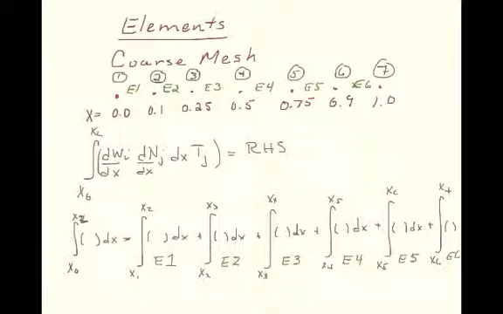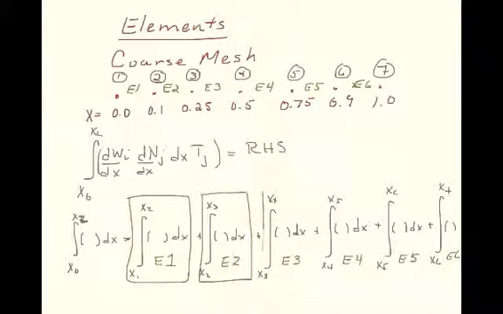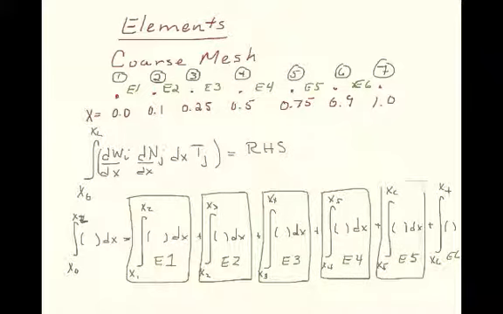So really, if you think about it, this is the integral over element 1, the integral over element 2, over element 3, over element 4, the integral over element 5, and finally the integral over element 6.